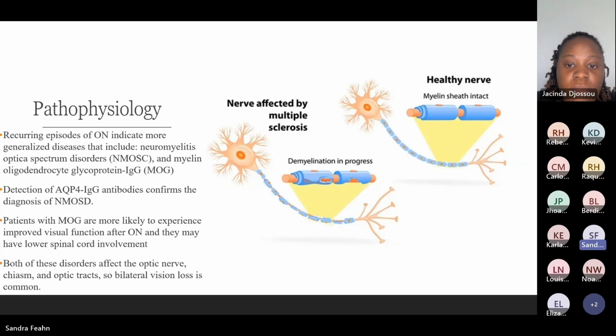And then patients with MOG are more likely to experience improved visual function after optic neuritis, and they may have lower spinal cord involvement. Both of these disorders affect the optic nerve, the chiasm, and the optic tracts, so bilateral vision loss is common. And then to the right here, we can see a figure of a healthy nerve and a nerve that's affected by multiple sclerosis, which obviously Joanne and Louisa would discuss later.